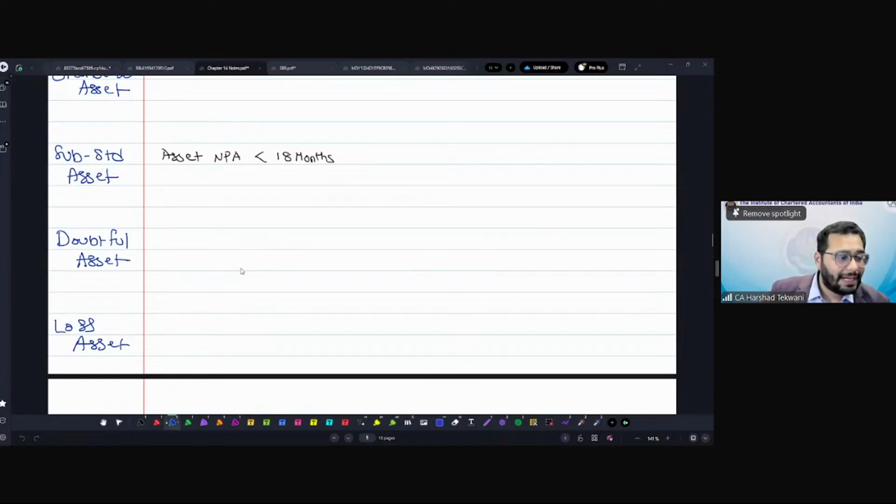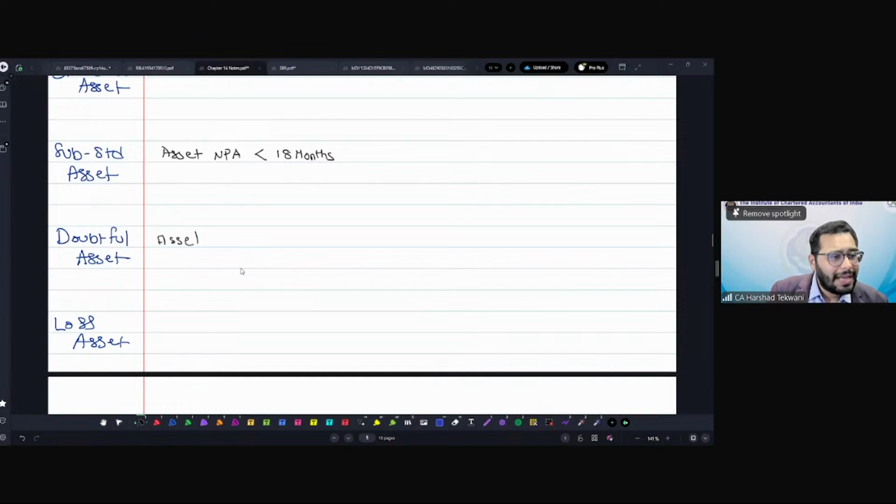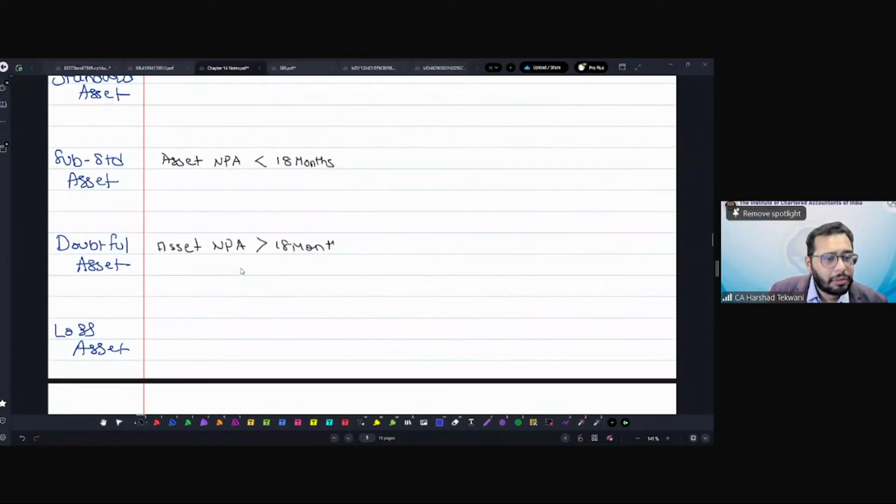If an asset is an NPA for more than 18 months, that becomes your doubtful asset. Less than 18, substandard. More than 18, doubtful. Fine.